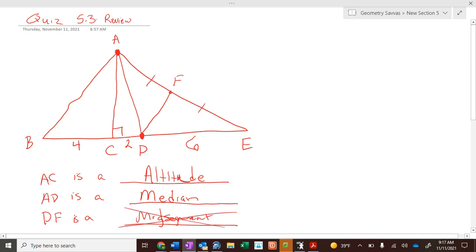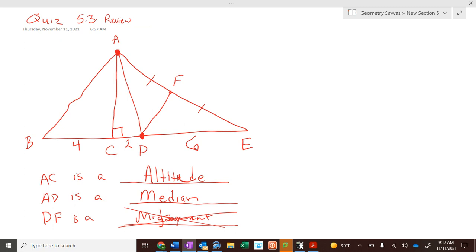You do not have to worry about mid segment today. They'll give you a mid segment on the drawing just to try to trip you up. So FD for that, don't call it a median or an altitude because it's a mid segment. And we're not going to work with mid segments in here. So altitude, median. Got to know which one's an altitude, which one's a median.